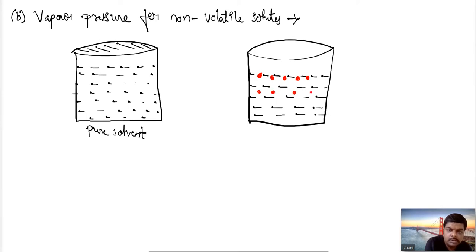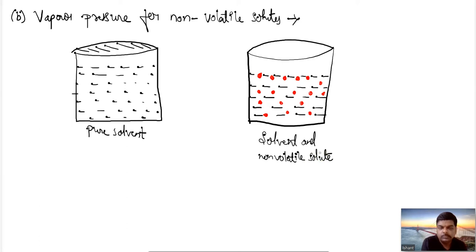These red balls or red dots show the non-volatile solid solutes. Now let's talk about these two conditions: the pure solvent, and the solvent with non-volatile solute.